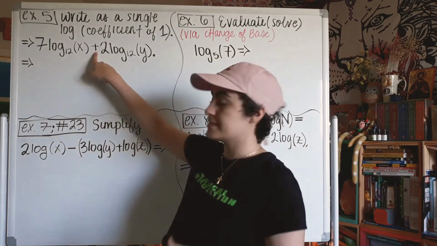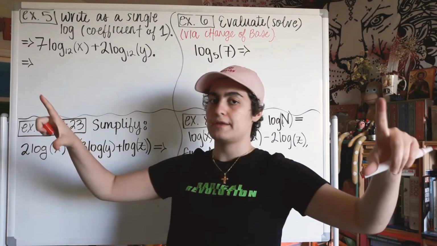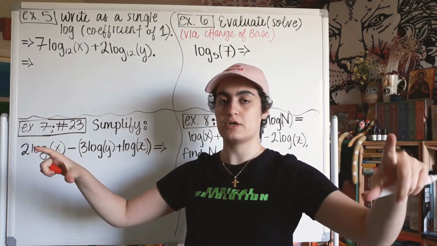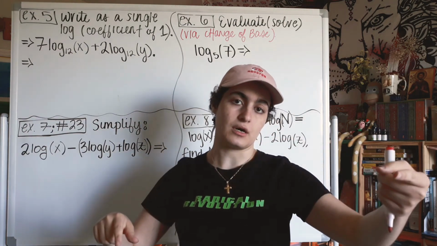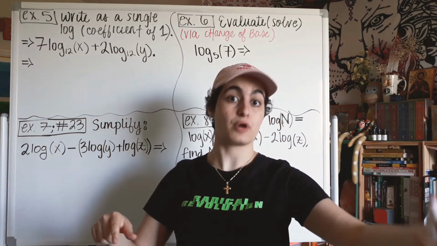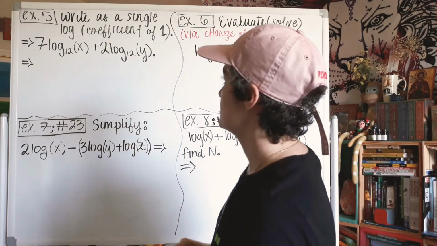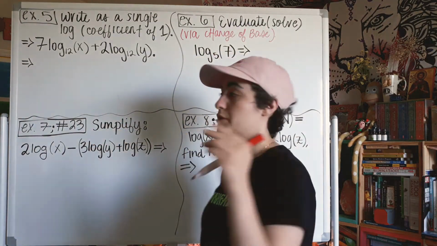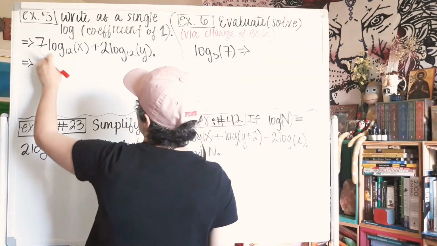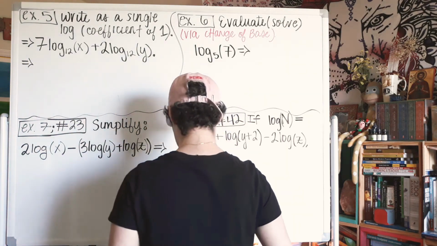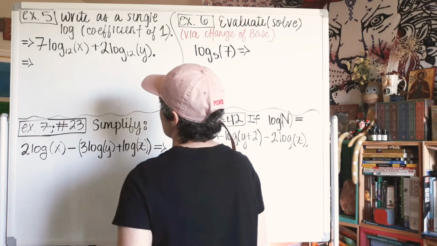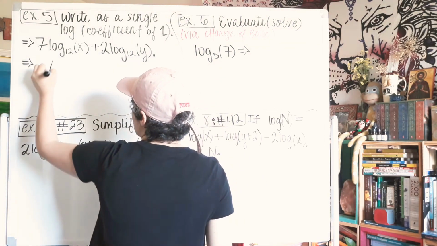So when we're adding, every time you see an expanded expression of logarithms and you see adding, you have to think product property, and that's what it is. We're gonna use this, the first property. So now, I'm just gonna do it in black.